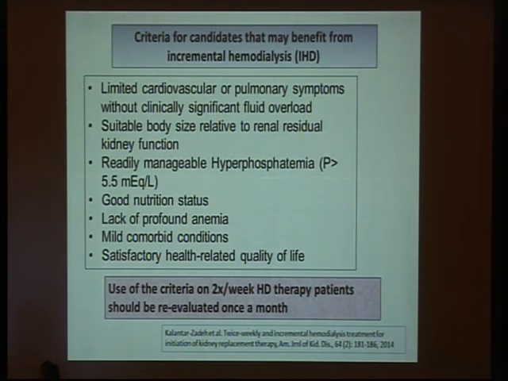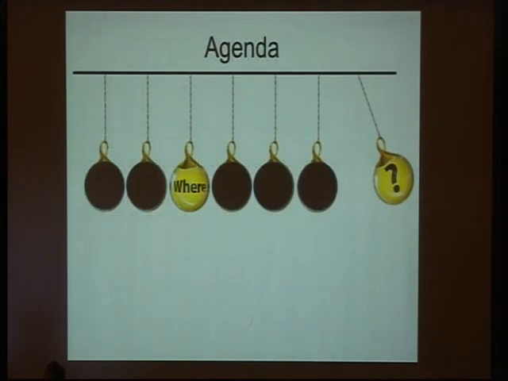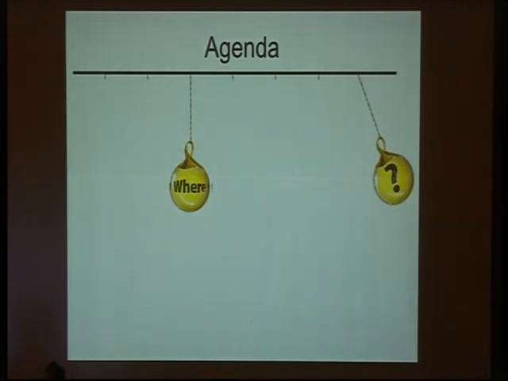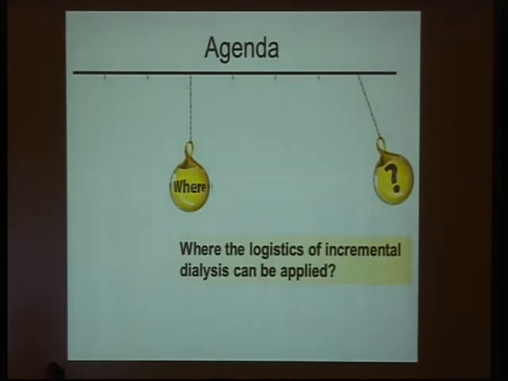Provided that we monitor frequently, at least once per month, to modify the dose of incremental hemodialysis. And my last question: where can the logistics of incremental dialysis be applied?